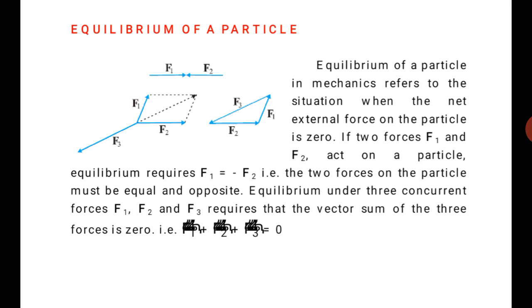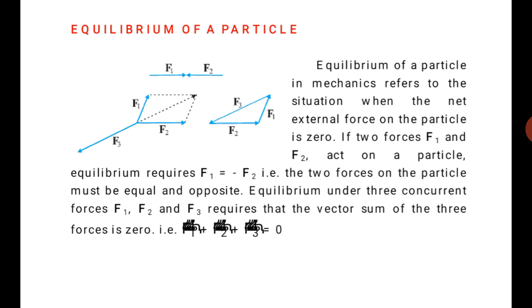So to make the body be in equilibrium, you have to make the net force on the body 0. Already two forces act on a body, and their magnitudes and directions are shown in the figure. So the third force must be equal to the resultant of F1 and F2, and the direction is exactly opposite.